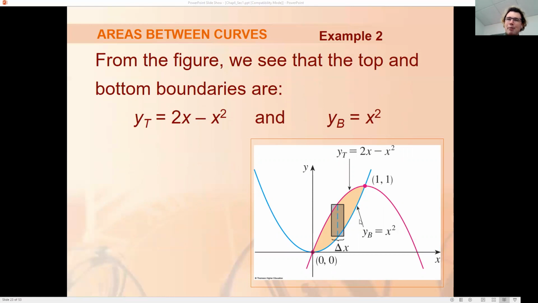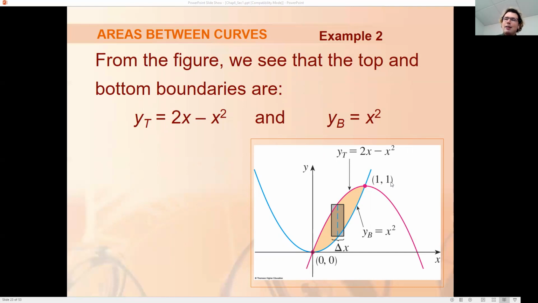The blue parabola is my upwards facing parabola. That's y equals x squared. The pink parabola is the downwards facing parabola. That's 2x minus x squared. And as promised, I've got sort of a football shape between them. And we are going to integrate to calculate how much area is in there.